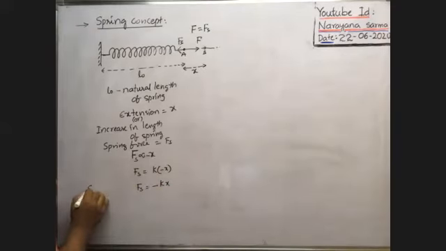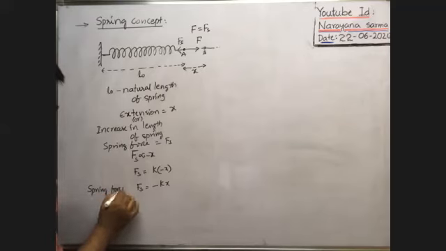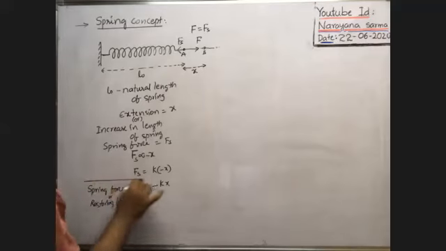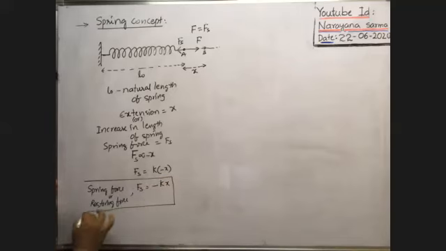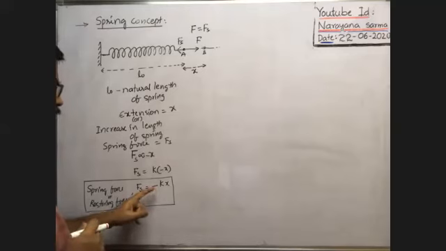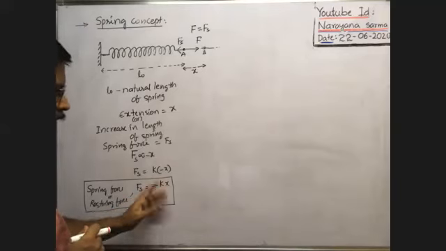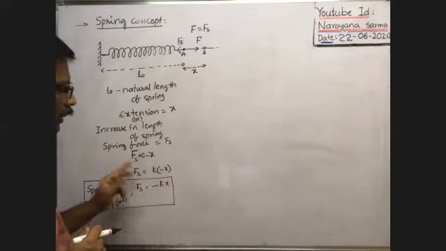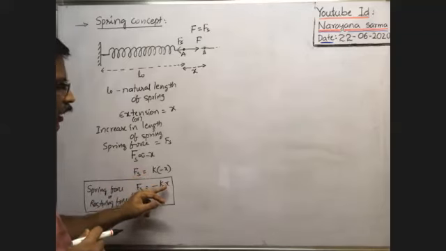So spring force or restoring force developed in the spring is equal to minus kx. Here the minus sign indicates that the spring force is developed always opposite to the extension or compression.